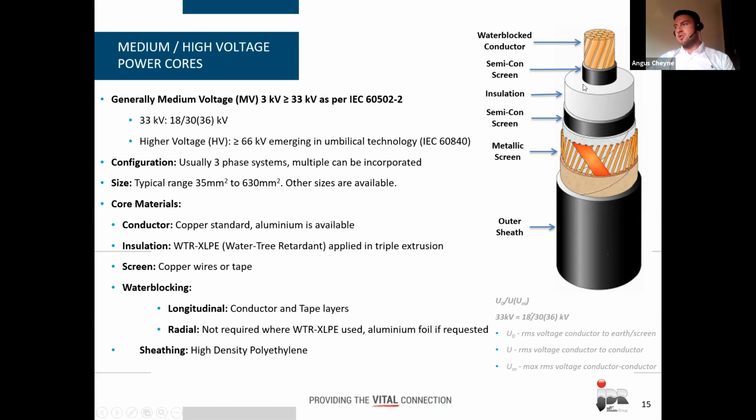So you have a triple extrusion, and then we have a metallic screen and an outer sheath as well. Typically the size range for medium voltage cores or these sort of power cores, we're looking at between 35 millimeters squared to 630. That's not an exclusive range. That's just what we generally see.